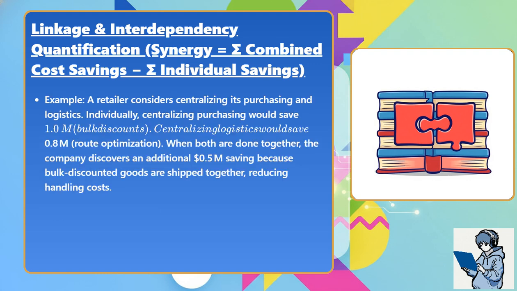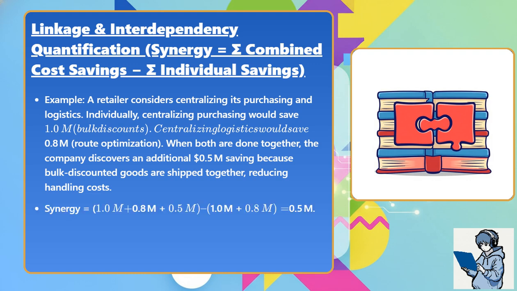Example: a retailer considers centralizing its purchasing and logistics. Individually, centralizing purchasing would save $1.0 million from bulk discounts. Centralizing logistics would save $0.8 million from route optimization. When both are done together, the company discovers an additional $0.5 million saving because bulk discounted goods are shipped together, reducing handling costs.